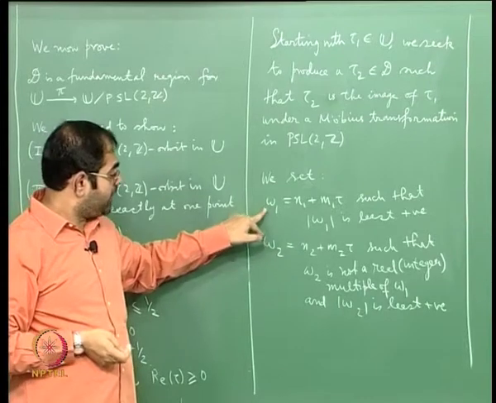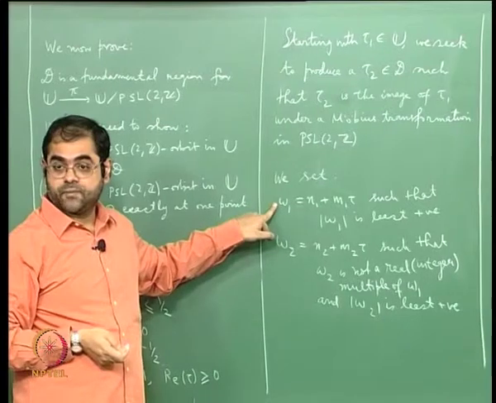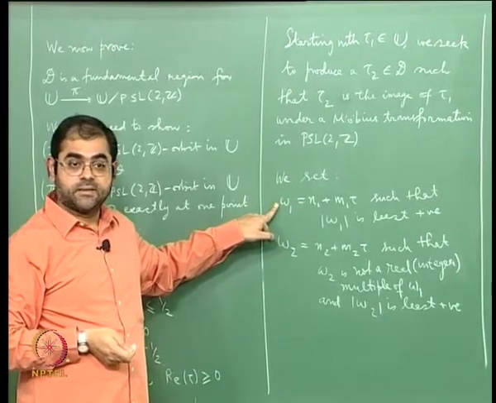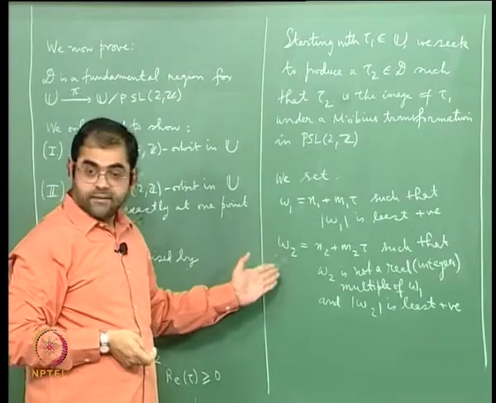So you see omega 2 by omega 1 is a non-real ratio. That is already there in the definition here.